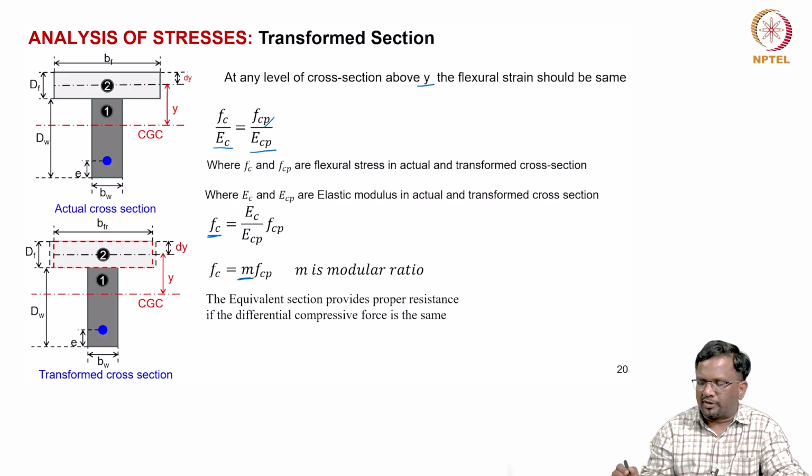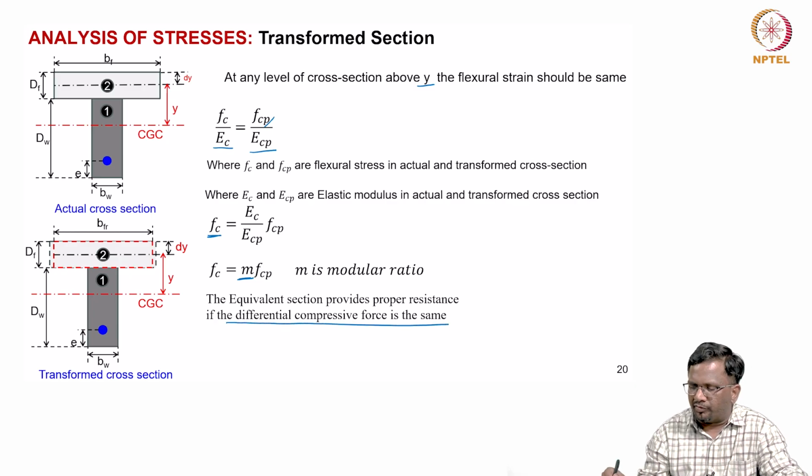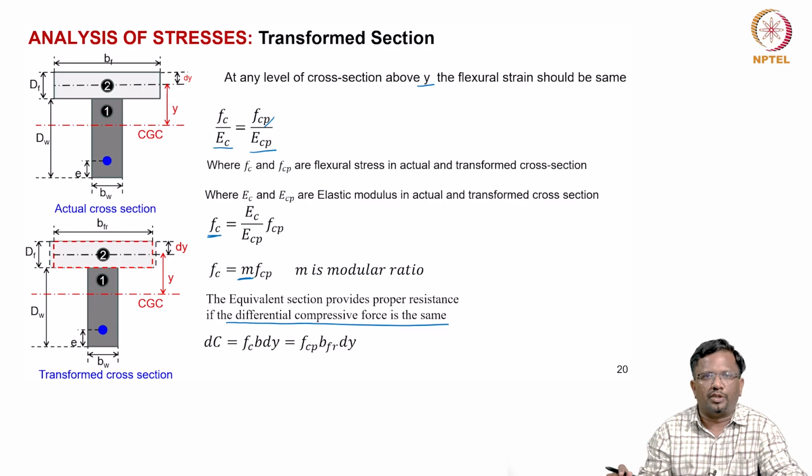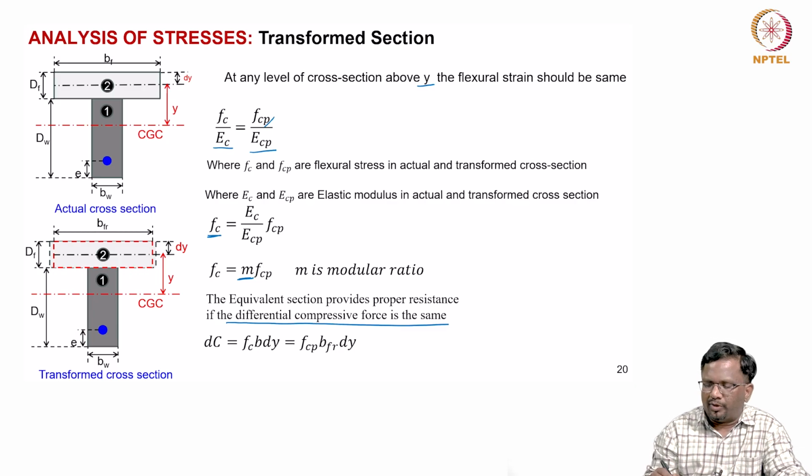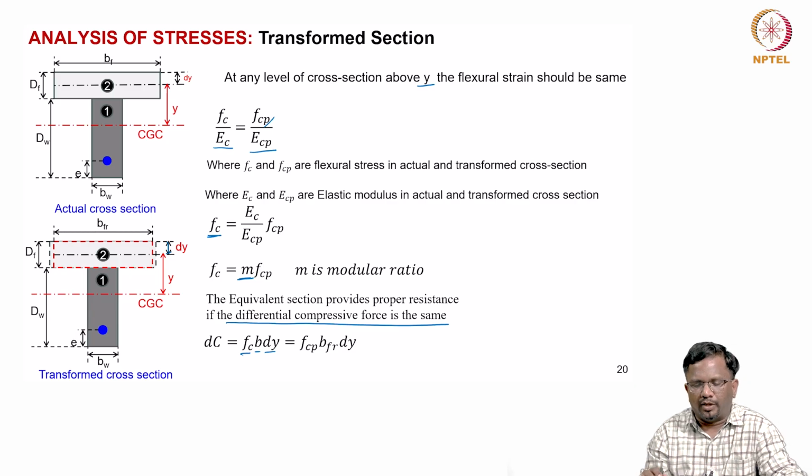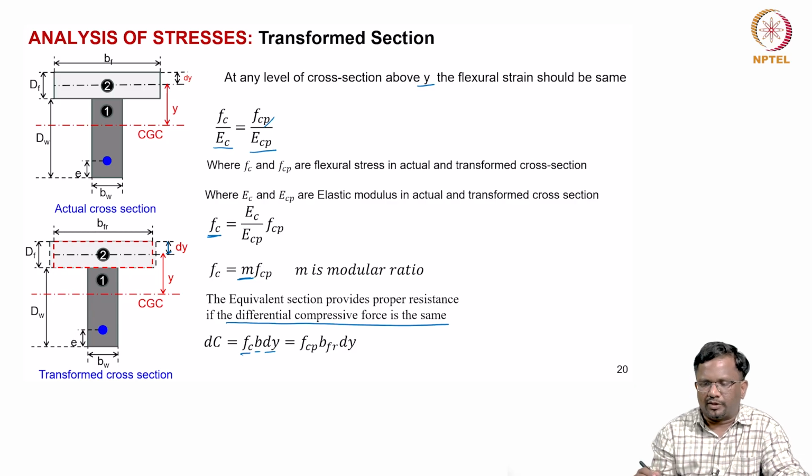So, the equivalent section will provide proper resistance if the differential compressive force between the elements are same. So, how do we do that? Let us say, how do I do the integration? The compression is Fc into B into dy. For example, if I take this element as thickness dy between the transformed section and the actual section, in the first case it is going to be Bf, right.